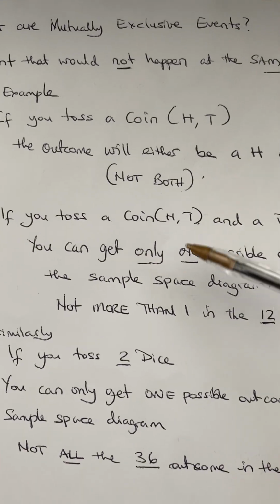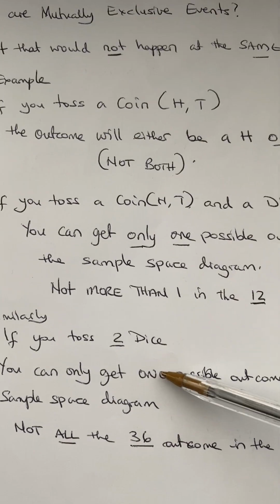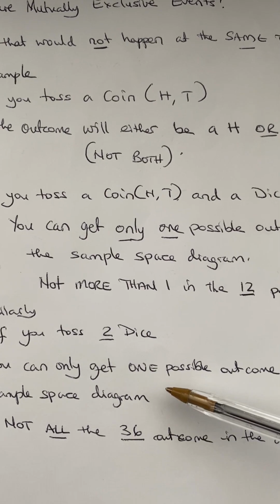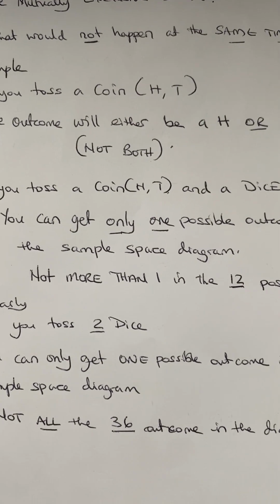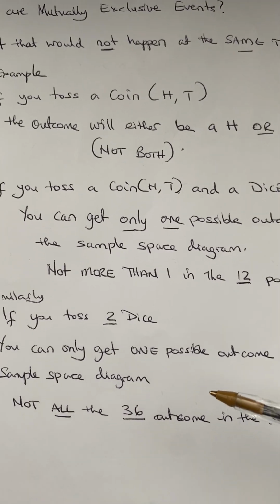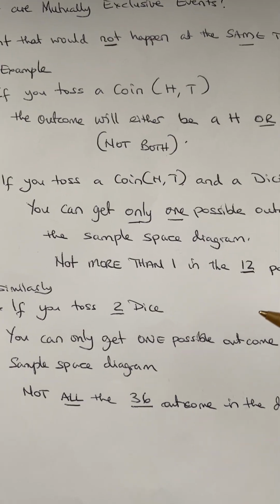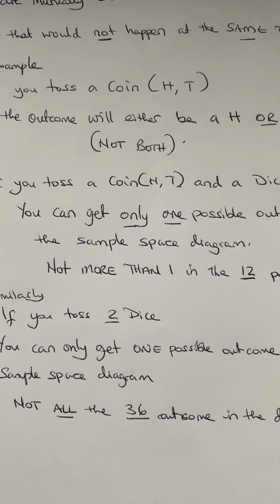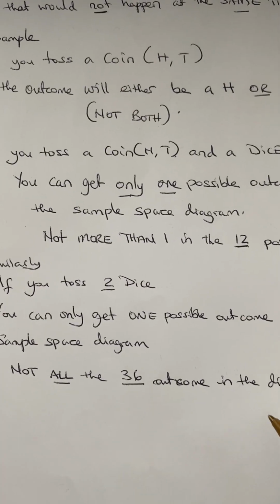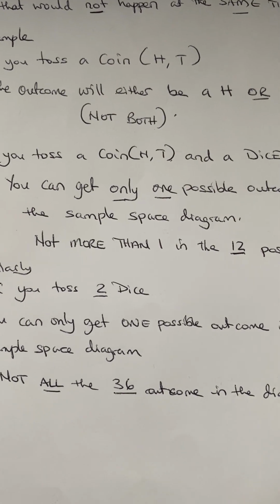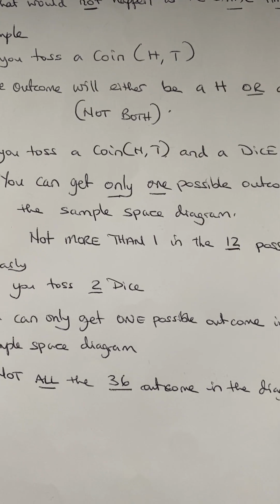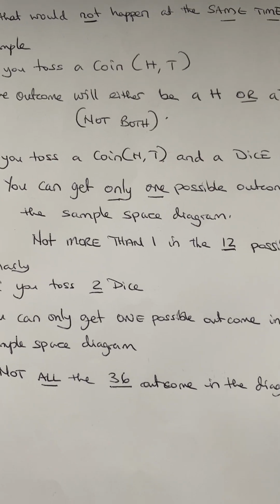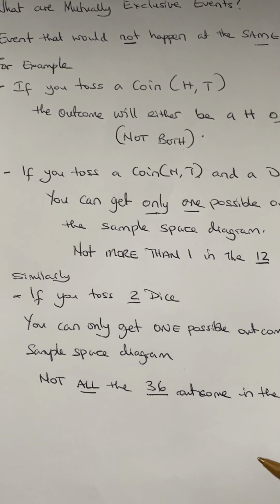Even if they're not asking you to do it, for instance, if you have two dice, you can quickly draw it on the side, not with a ruler as I have done, but you can make a diagram with your hand. Put in die 1, die 2, and fill in all the 36 possible outcomes and use it to solve the question.